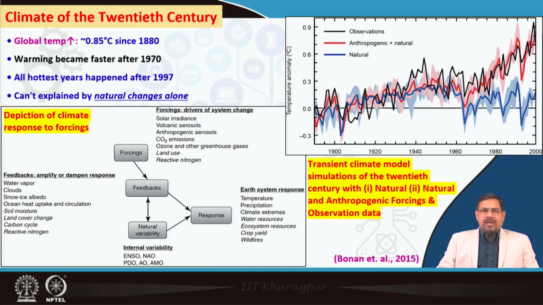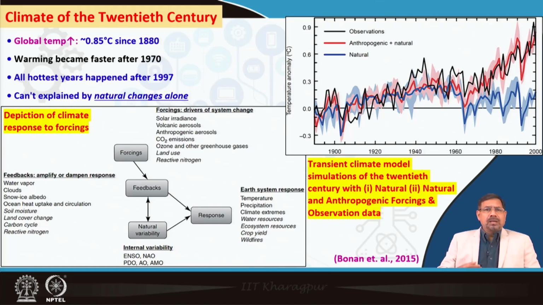Coming to the feedbacks: alteration in terms of water vapor, the cloud, snow ice albedo, ocean heat uptake and circulations. The soil moisture is impacted, the land cover change, and the carbon cycle and the reactive carbon. These are the different feedbacks we are receiving, and the responses.